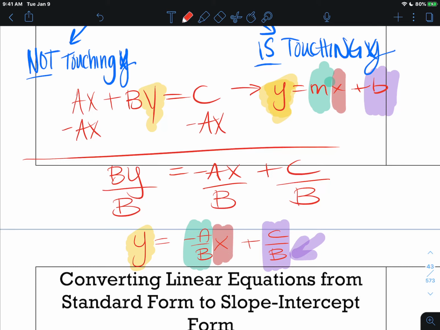So that means if I was a really good scientist and mathematician, I would notice that slope is equal to negative a over b, y-intercept is equal to c over b. So some people store these equations in their little brain and they use them over and over instead of going through all of this. I'm going to tell you it is probably not the best idea, but this is a good way if you're running out of time on a test or if you're checking your work, okay?